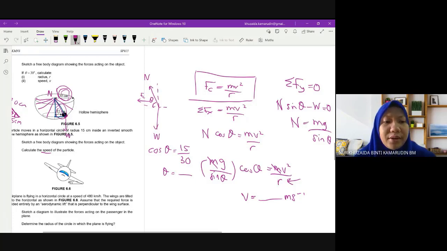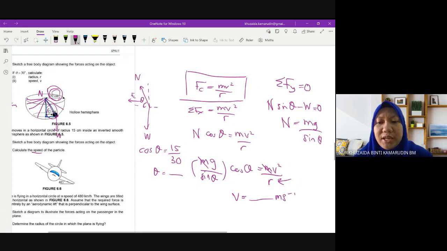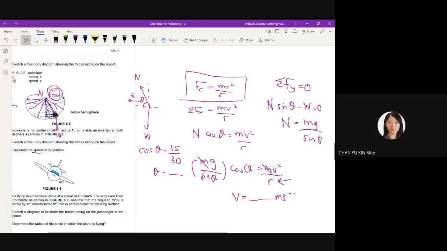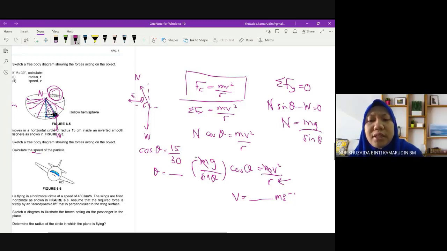Alright. So ada soalan tak yang dekat sini? Boleh buat? Boleh faham tak? Boleh, ulang balik tak? Yes. R dia tu dapat mana? R this one equals 15 cm atau 0.15 m, convert dalam SI unit.